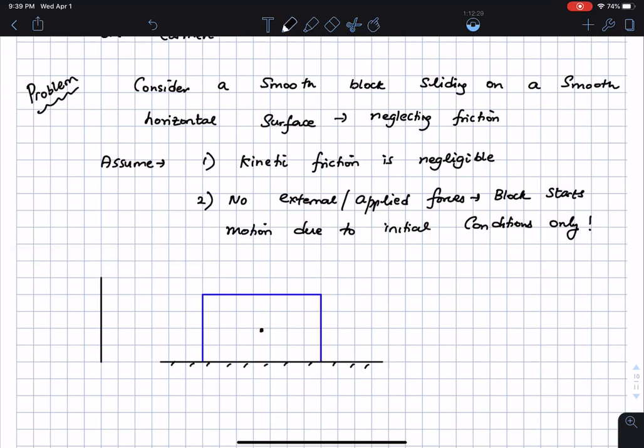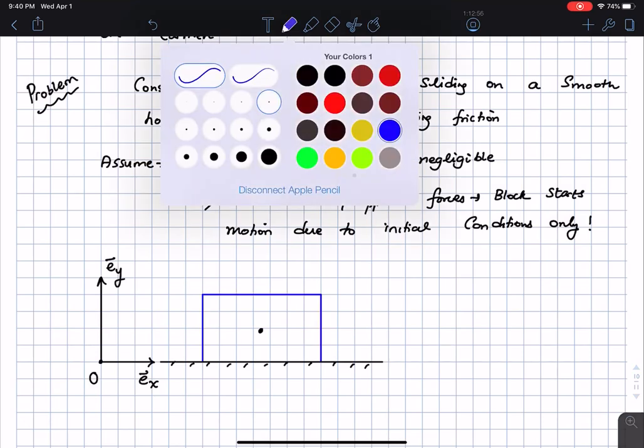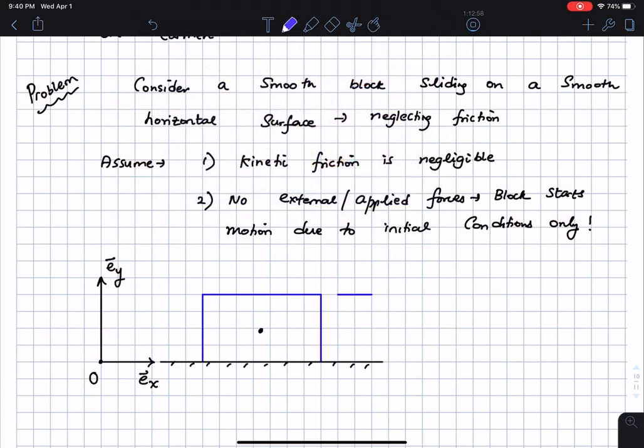Here is the coordinate frame that I have. This is going to be the EX unit vector, this is the EY unit vector, and this is the point O. Let me say that the height of the block is some constant value h, or 2h if you want. So let's say that the height is 2h.